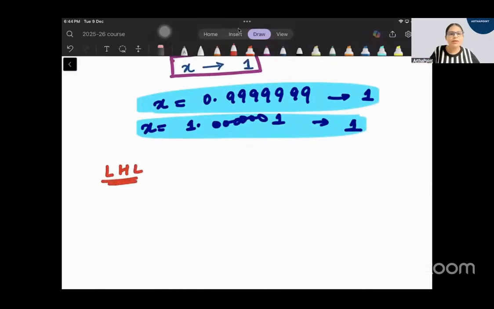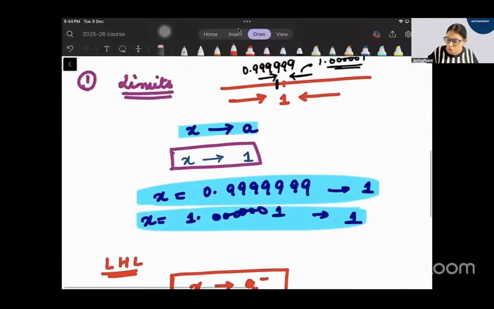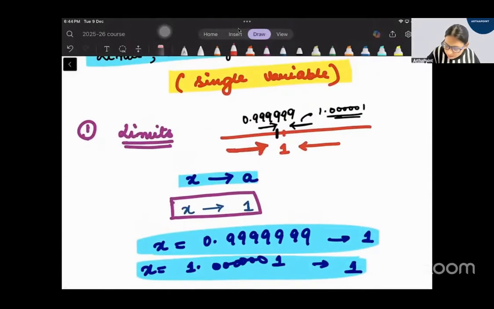Left hand means from my left hand. I think it's a mirror image, it may seem right to you. From my left hand, I'm going towards that number, right? So we say like this: x approaches a minus. It means I am going towards 1, but from the left hand side.